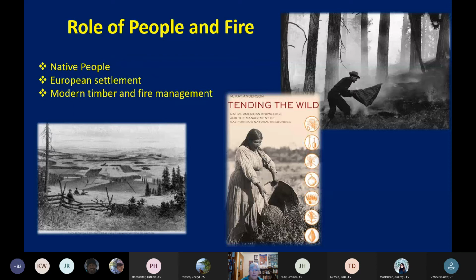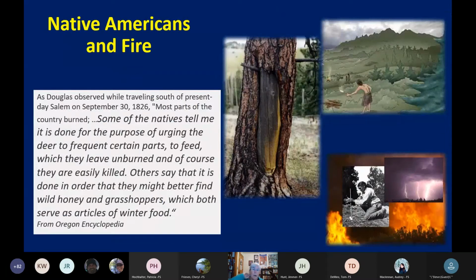And I would be remiss if I did not talk about the role of people in fire. We have a lot of evidence of people moving through our landscape for centuries. We have a lot of evidence of pre-contact or native people occupying and utilizing our forests.